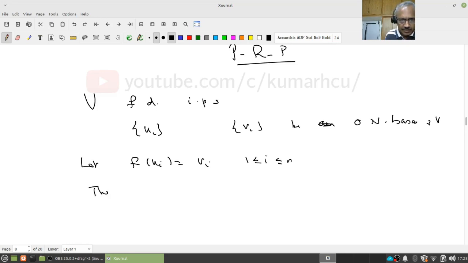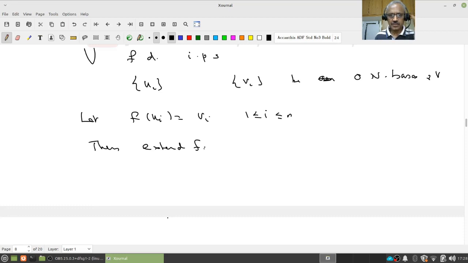Then extend f. How do I do that? We know that there is a unique linear map with this property because these are all bases. This is pure linear algebra of the first part. There is no inner product. There is a unique linear map so that f of ui equals vi.